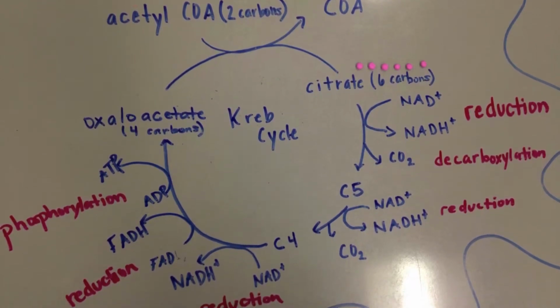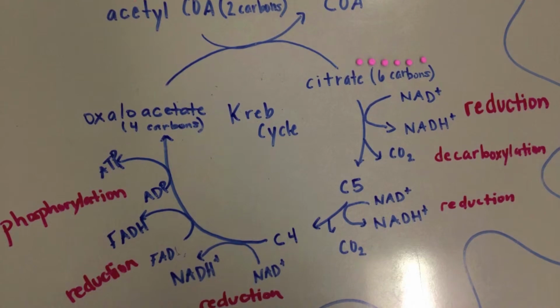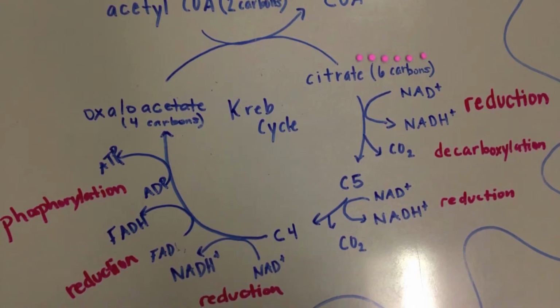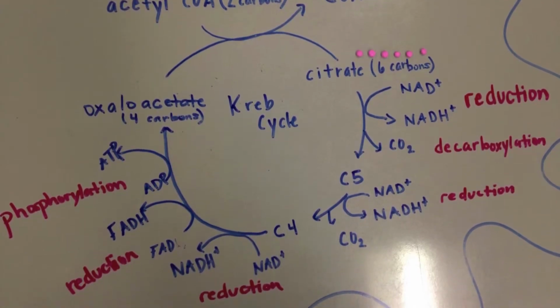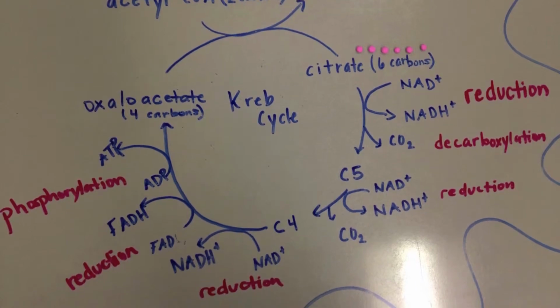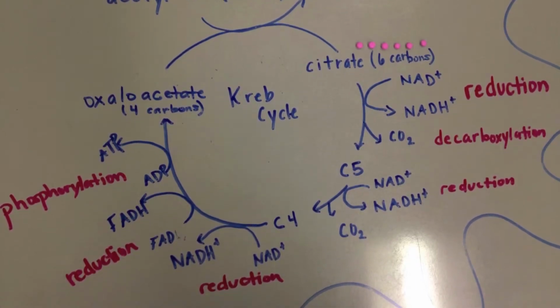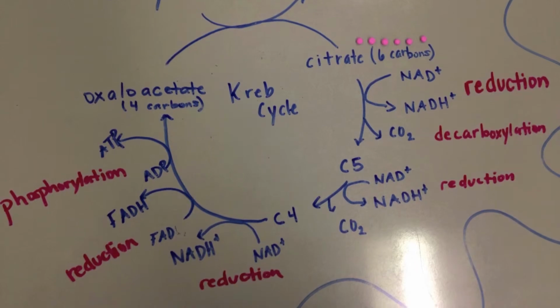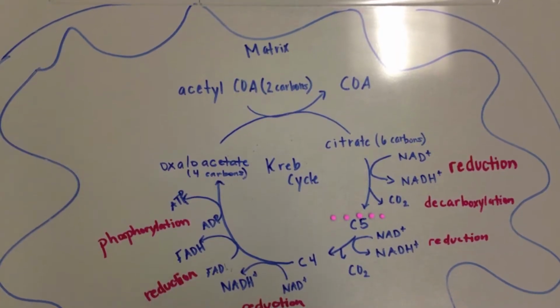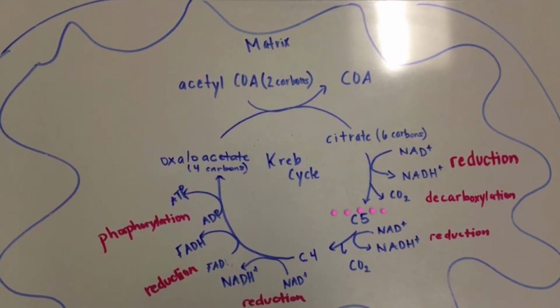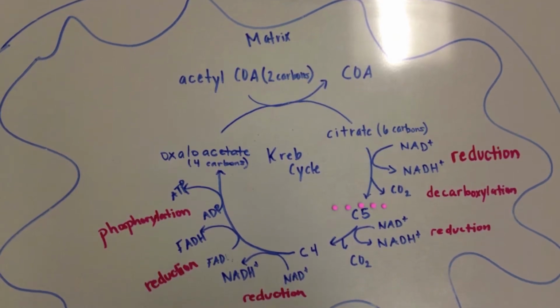Then after the citrate, the NAD that we have inside the matrix is going to be reduced into NADH. After the NADH has been reduced, we are then left with decarboxylation.